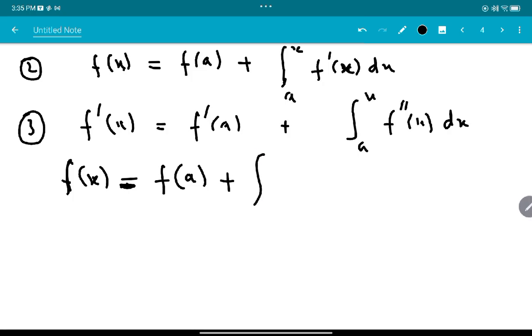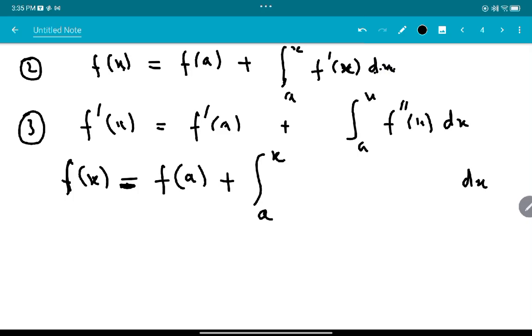Let me write first this integral a to x, and then leave a space here for these two terms to be accommodated. But let me not forget that there is something more with f dash x there, that is dx. What students often do, they ignore this.